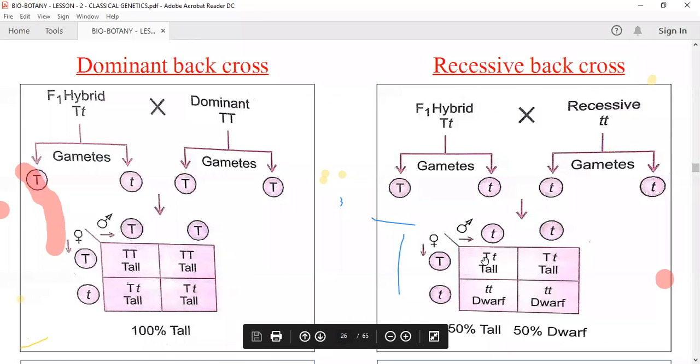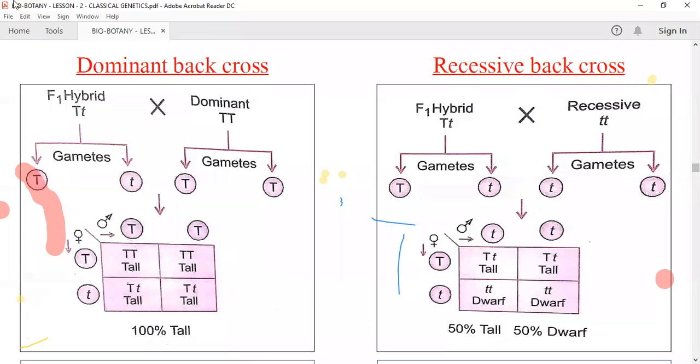Here we are getting these two tall, heterozygous tall, and these two dwarf. We get 50 percent tall and 50 percent dwarf equally in the recessive back cross, but in the dominant back cross we get all 100 percent tall plants.